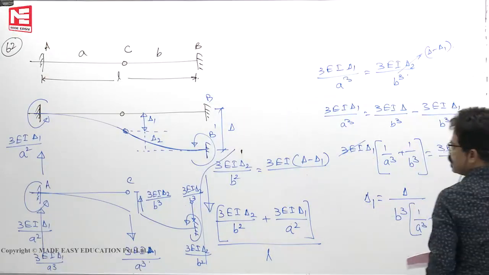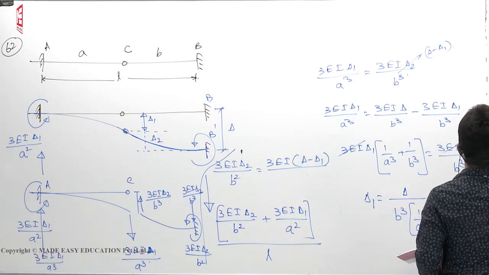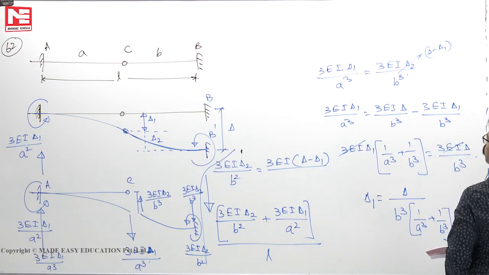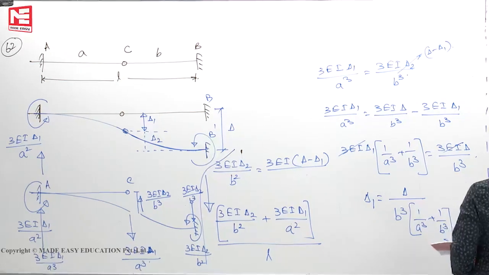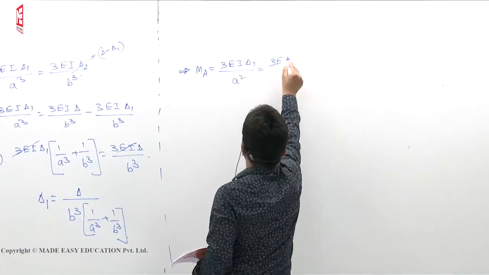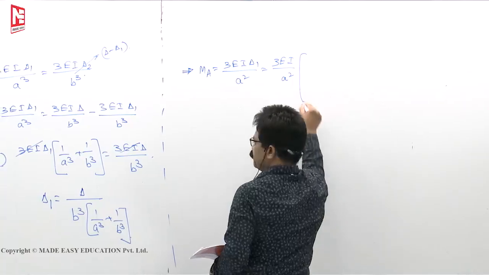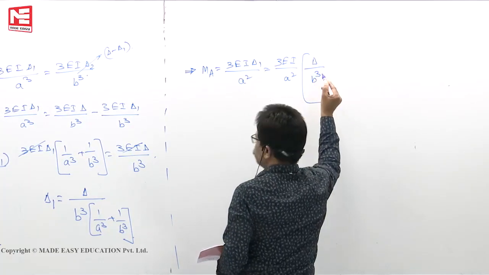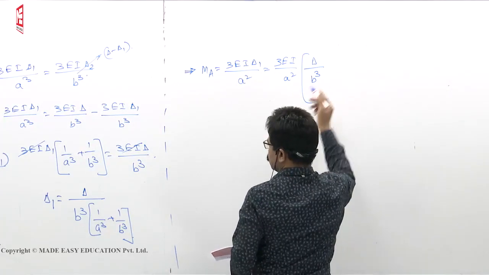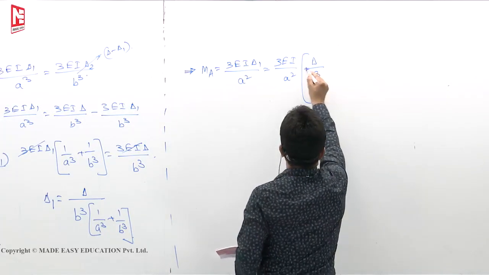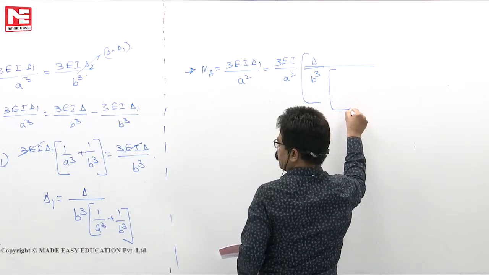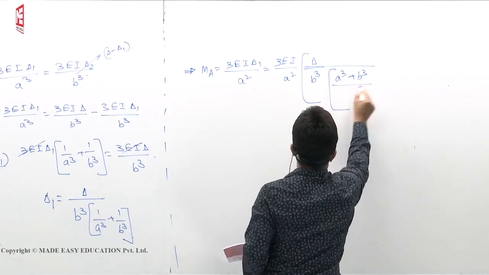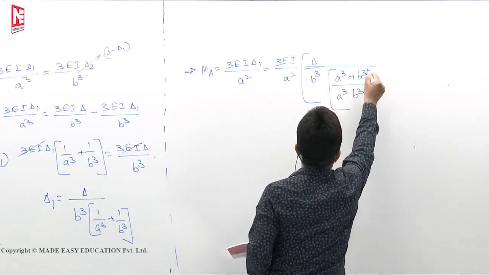Now the moment MA is equal to 3EI δ1 by A square. Nothing but 3EI by A square into δ1, which is δ by B cube into, if you take common factor, (A cube plus B cube) by (A cube B cube).